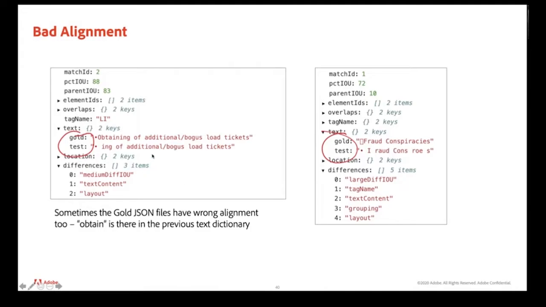So basically the gold JSON itself had bad alignment, so we can't map. You can't train your model to correct ing to obtaing, which is very difficult, and your model can't learn such level of dependencies, which is why our detection is good.